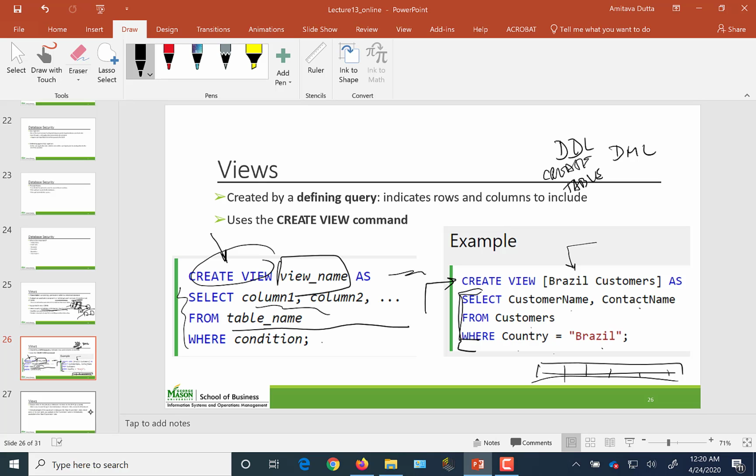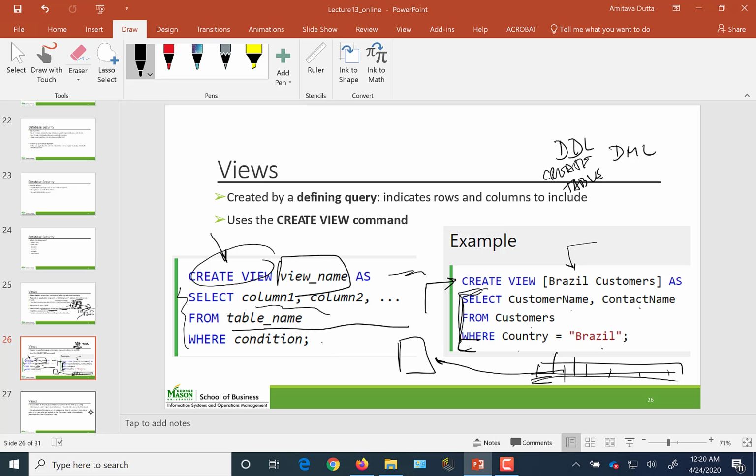By using this particular select SQL command, you're picking out just two columns, customer name and contact name, and you're only picking out those rows for which the country is Brazil. So you're creating a subset of this base table, and this is the subset that the end user will see.